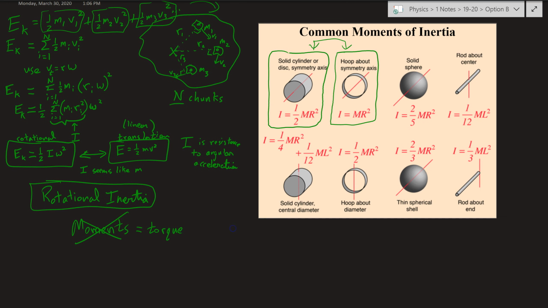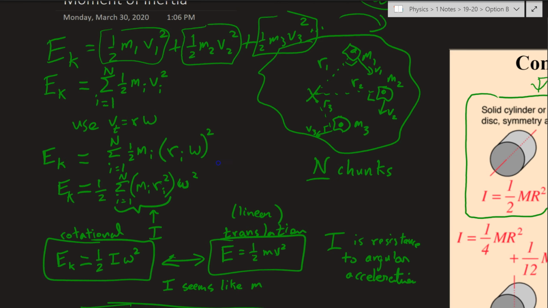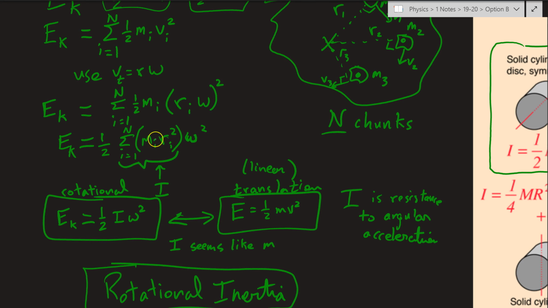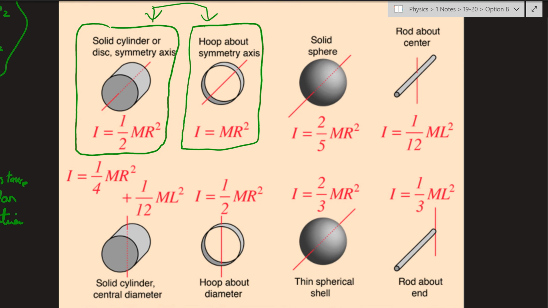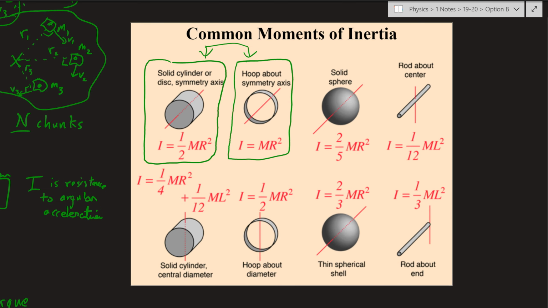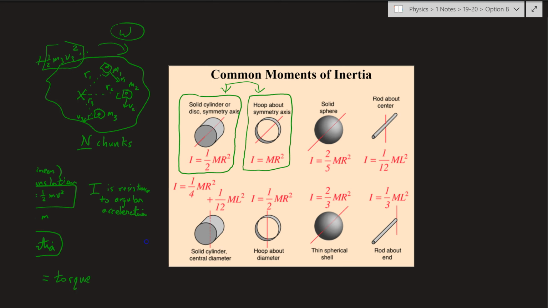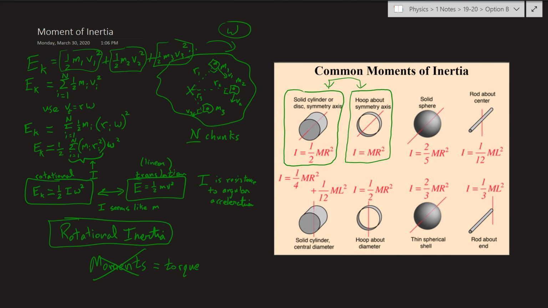Okay, great. We see that in this derivation of rotational kinetic energy, I found a sum which has m and r squared in it, and I called that sum I. So where do all these formulas come from? Well, they come from doing that sum for these different shapes. In practice, when you do this sum, you don't really cut a chunk, measure it, and then add another term.